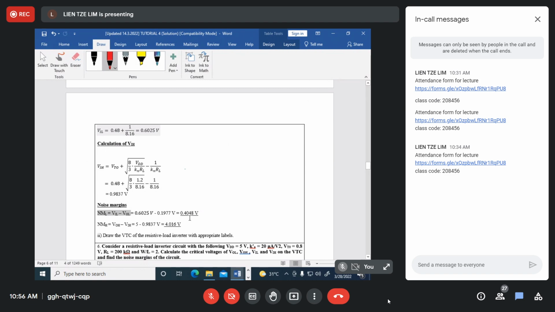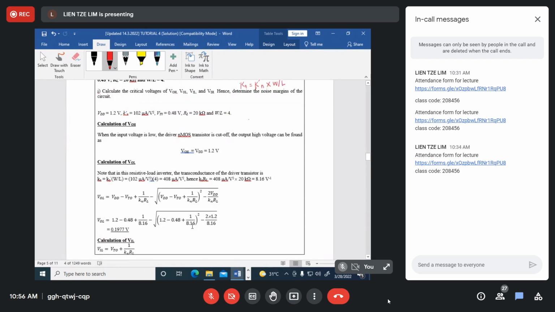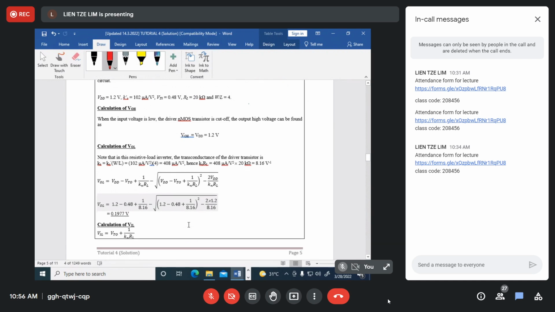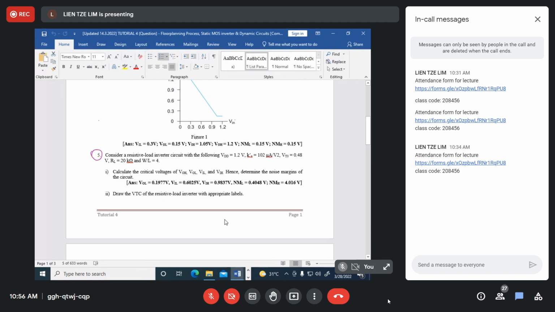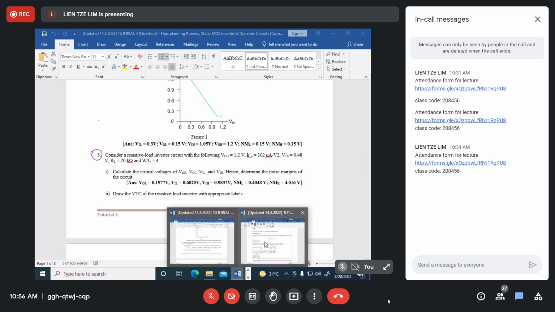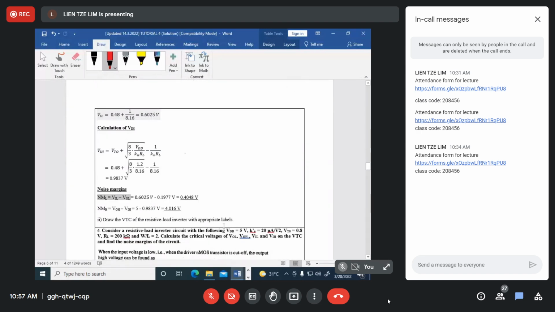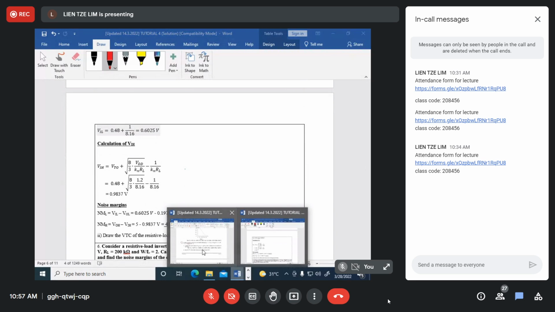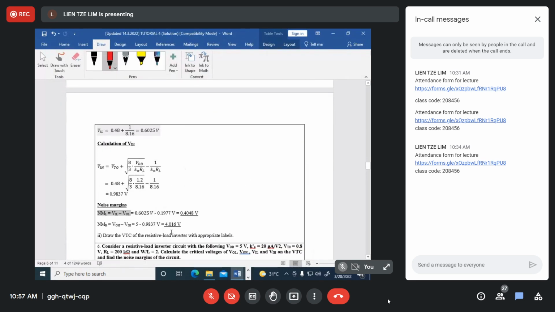I see the answer here is actually not correct. Let me check again. I see something wrong here. Anyone can see? This is 4.016, 0.4048. If you get a different answer, I think something is wrong here.